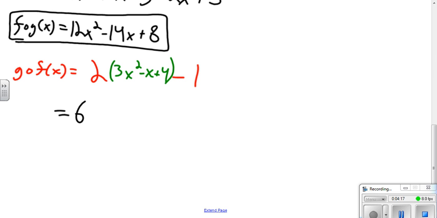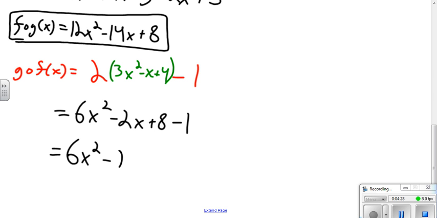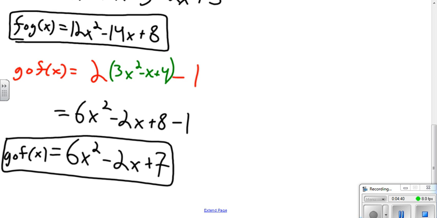So I would say 6x squared minus 2x plus 8 minus 1. And now just combine those last two pieces. 6x squared minus 2x plus 7 is my g of f of x. So I know my f of g of x and I know my g of f of x. That's part A.